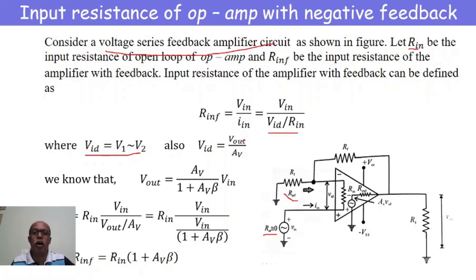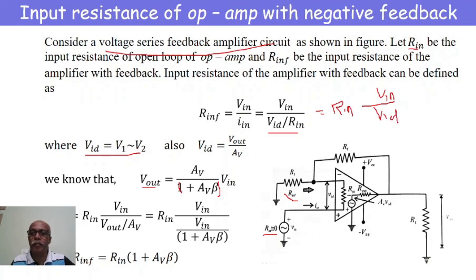Therefore, the input voltage is output voltage by gain. We also have Vout equal to gain divided by 1 plus AV into beta into Vin. Now, making use of all these relations, we substitute in this relation for Rinf. We have Rinf therefore equal to Rin into Vin by Vid.